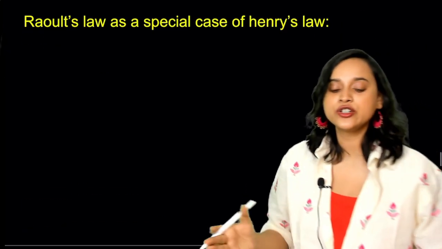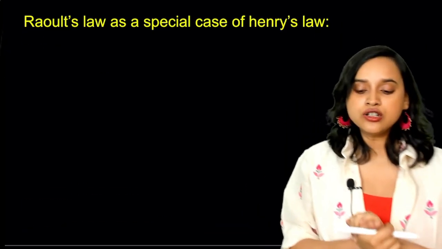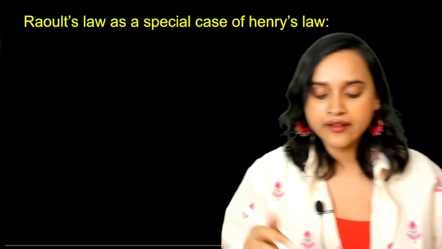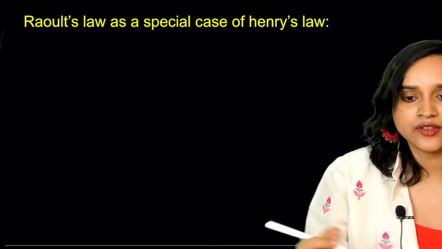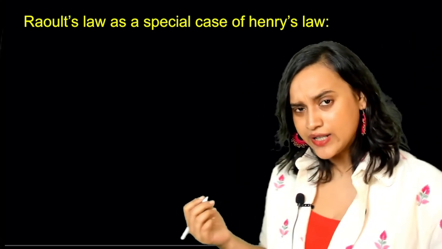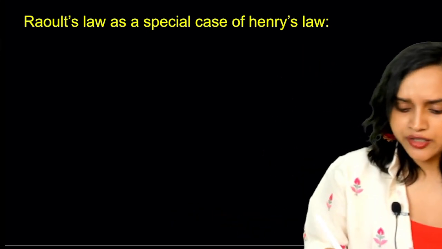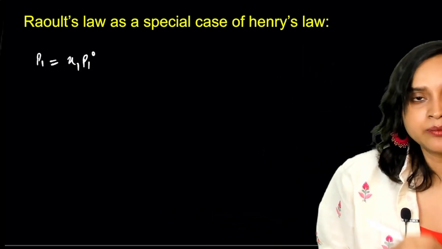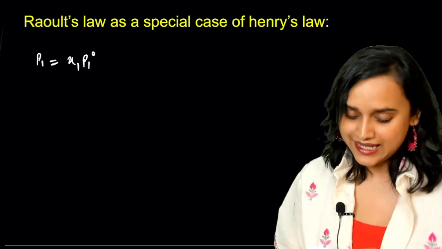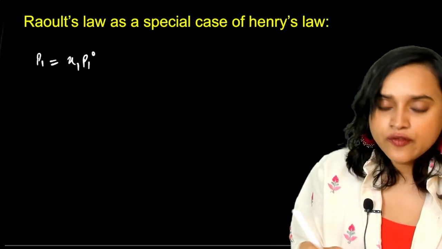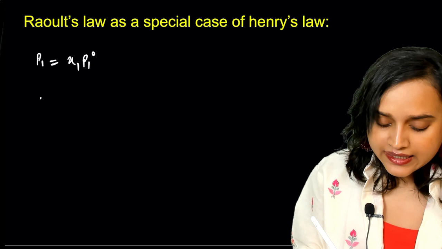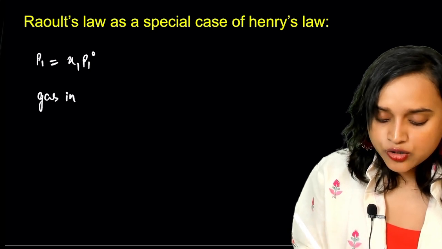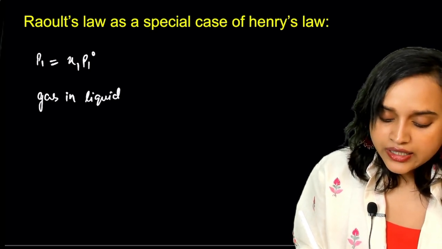All right, now we're going to quickly do Raoult's law as a special case of Henry's law. This is very simple and easy, everybody. So you all know what Raoult's law is. According to Raoult's law, we can write that P1 = chi1 multiplied with P1 naught. Is that true, everybody? Yes. Now suppose instead of two volatile liquids, there is a gas in liquid type of solution.